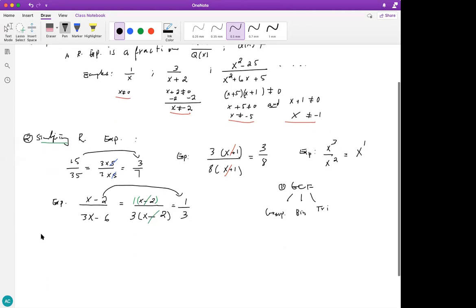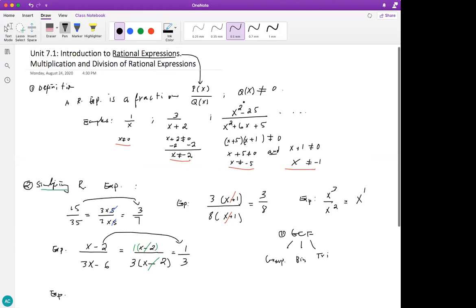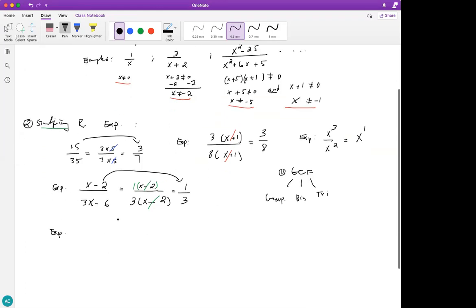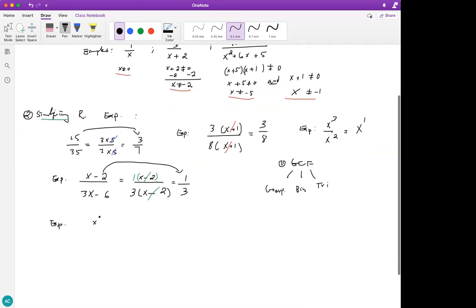Okay, so that's one way to simplify. You could also have, let's go back to this one here. It's a lot more interesting and complex. Let's see how to turn that into something simpler, if possible. We have a binomial and a trinomial.